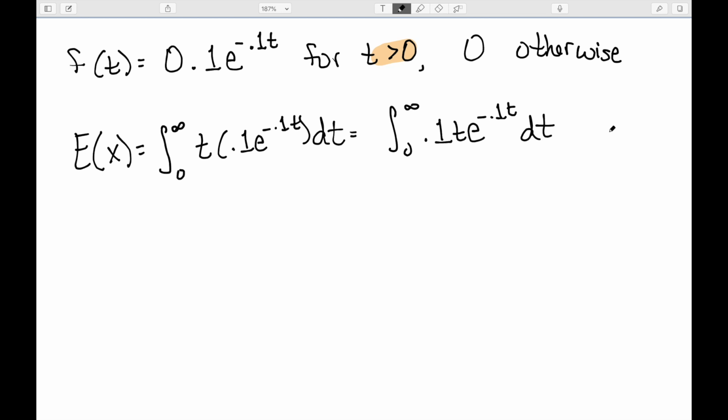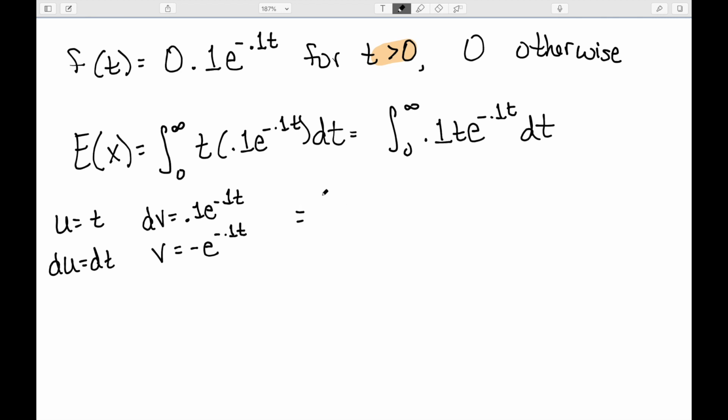So we need to integrate this, and this is going to be an integration by parts. I'm going to let u be equal to t. That tells me du is equal to dt. dv is going to be 0.1 e to the negative 0.1 t, so v is equal to negative e to the negative 0.1 t.